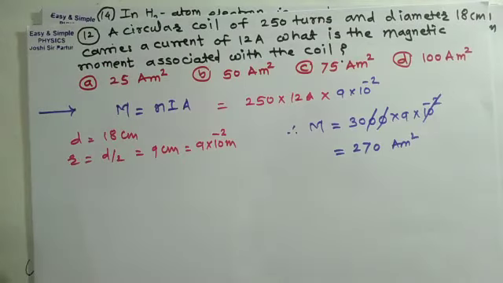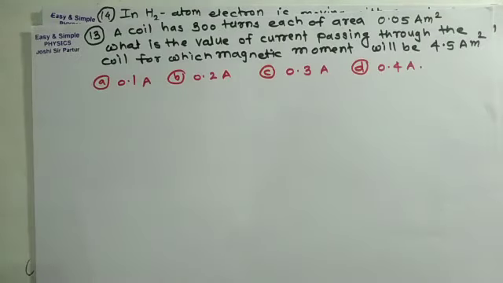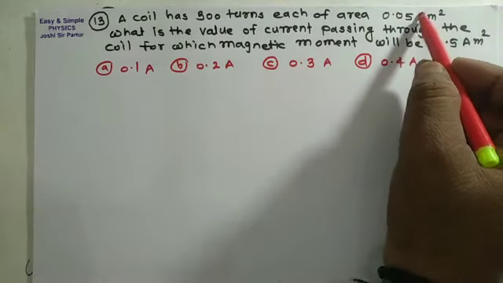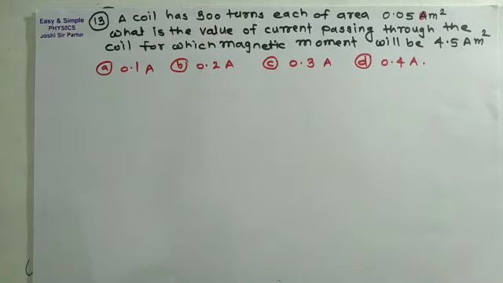Again, if we see another example, a coil has 300 turns and the area of each turn will be 0.05 meter square. What is the value of current through the coil for which the magnetic moment will be 4.5 ampere meter square?